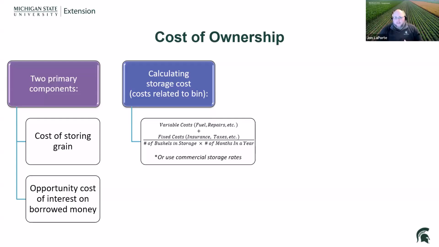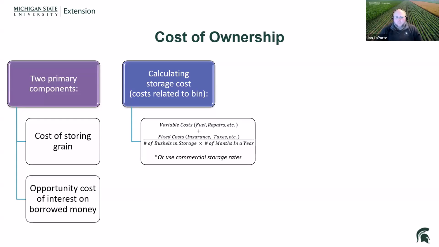Same with any real estate taxes, which I know is a little bit hard to figure out because for a lot of people, the storage bins take up a very small footprint on a farm. Maybe it's less than an acre, or maybe it's a couple acres, depending on the size of your operation.